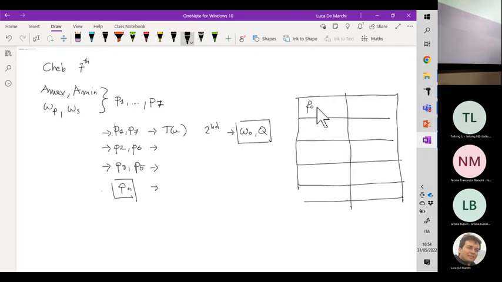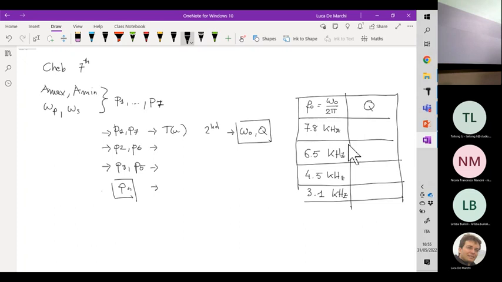So F null, which is basically omega null divided by 2 pi, is 7.8 kilohertz for the first second order stage, 6.5 for the second, 4.5 for the third one, and finally it is 3.1 for the first order stage.